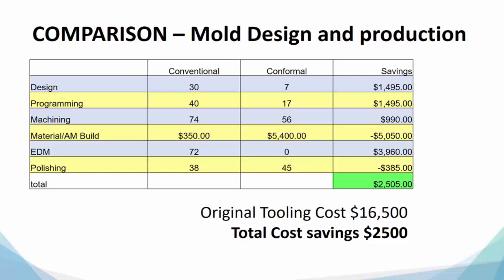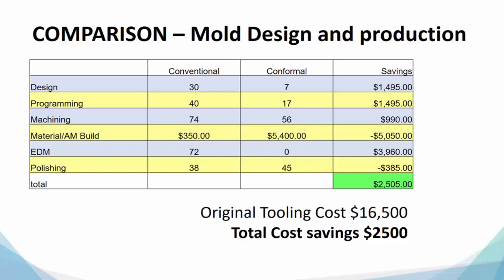Of course, the programming and machining time is going to be greatly reduced because there's far less involved in that. However, you see the material and the additive manufacturing build time: taking a block and squaring it up conventionally, $350, versus what you see here in order to print that.